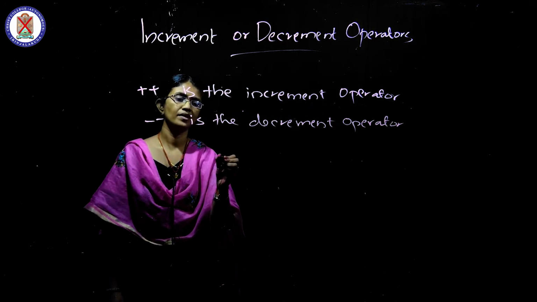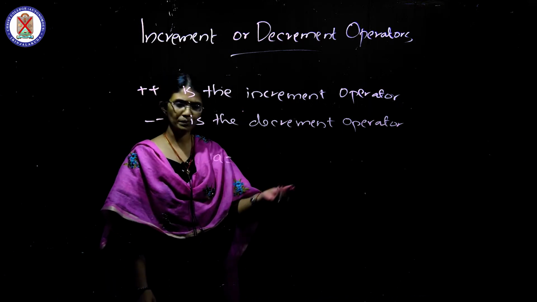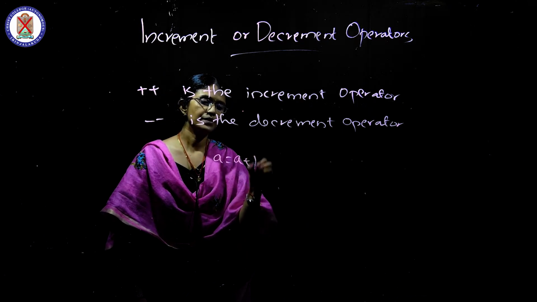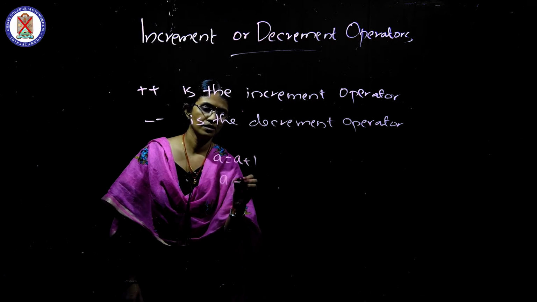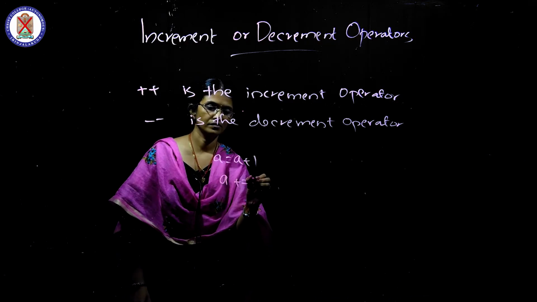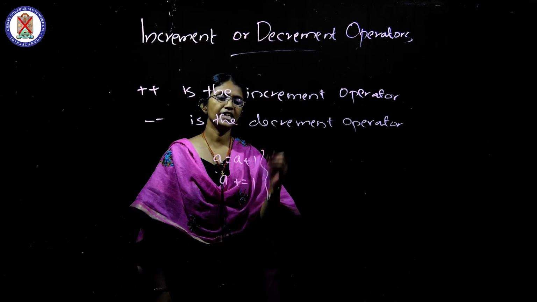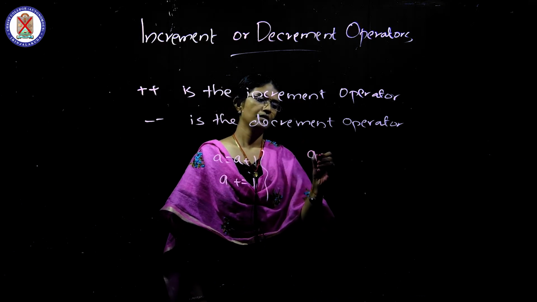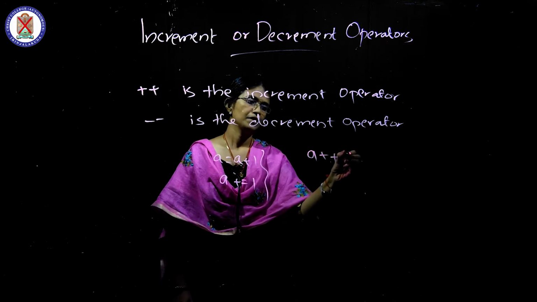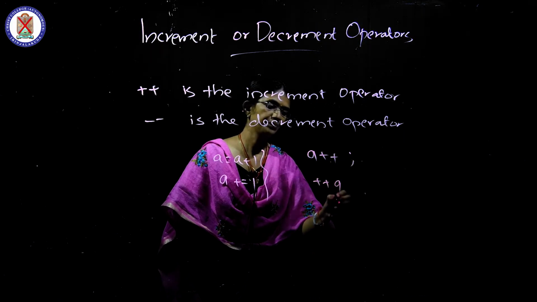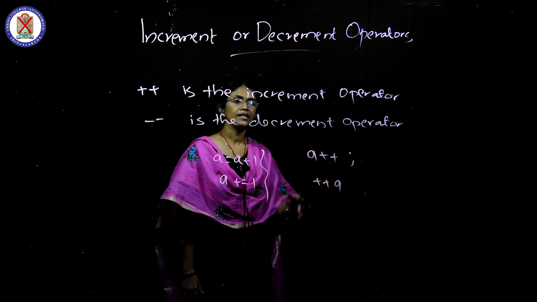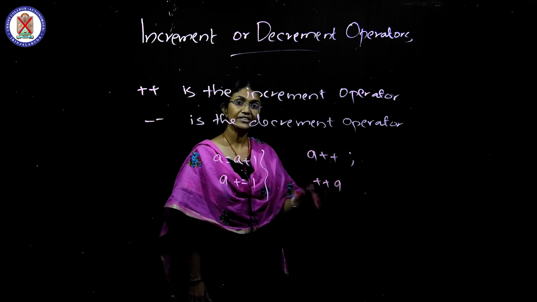We usually increment a variable during looping. For that we use a equals a plus 1 or a plus equals 1. We can avoid these statements with a plus plus or plus plus a. We can use these two in different conditions.